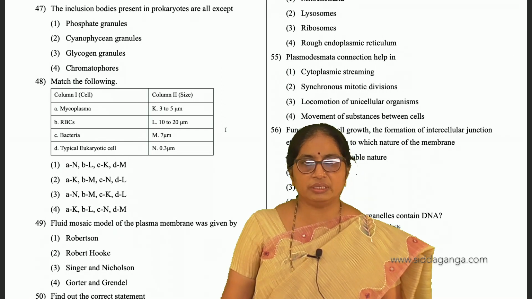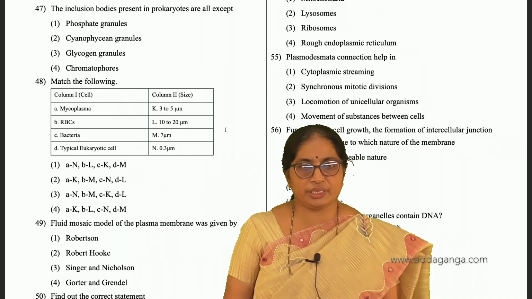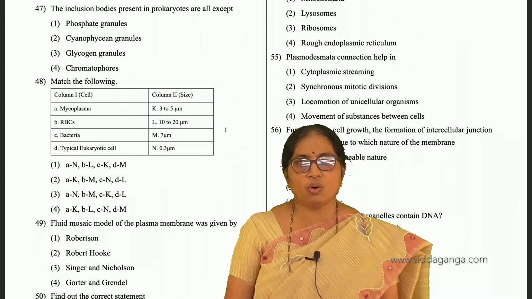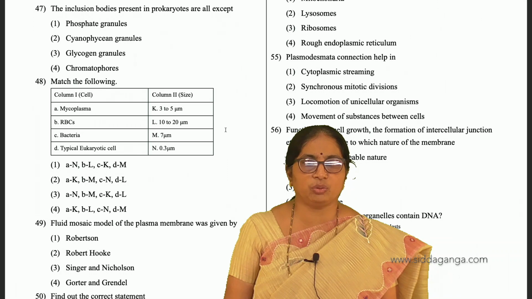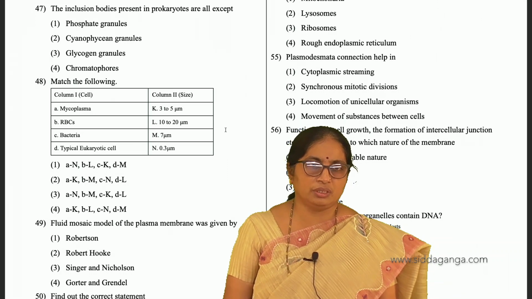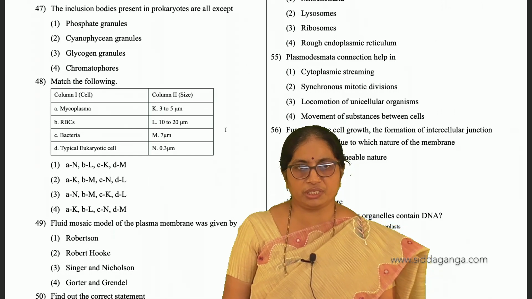Chromatophores are the pigments which are present in the eukaryotic cells, not related with the prokaryotes. So, except chromatophores, you can take the fourth as the right answer for question number 47.